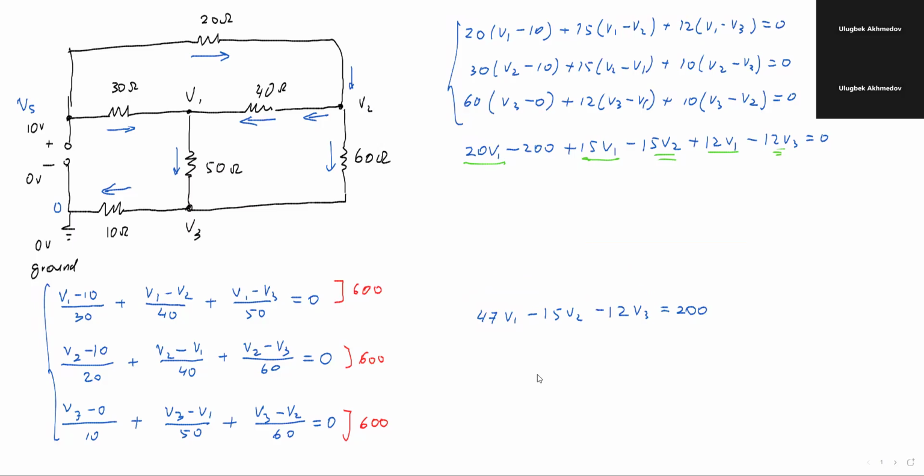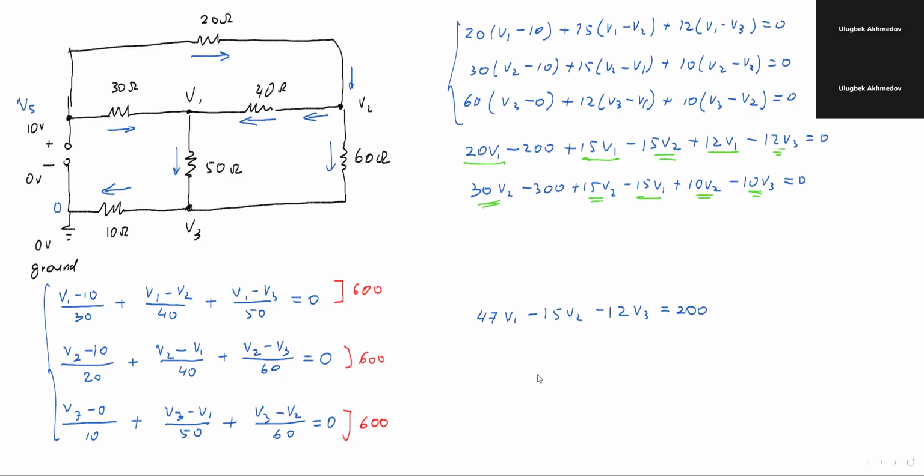Okay, now the second equation becomes 30V2 minus 300 plus 15V2 minus 15V1 plus 10V2 minus 10V3 equals 0. Like terms: we have V1 right here, we have V2, and V3.